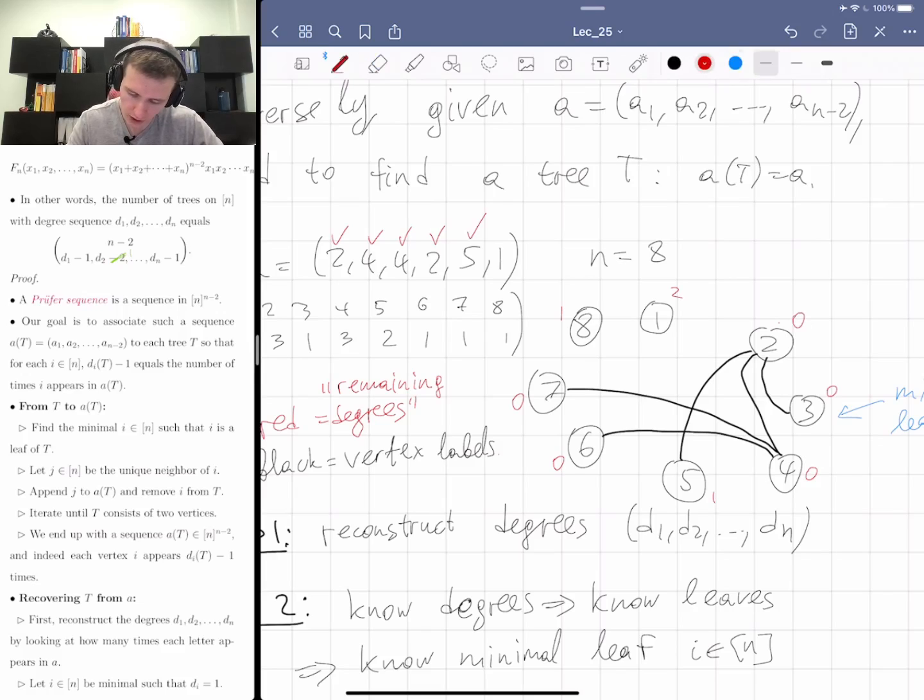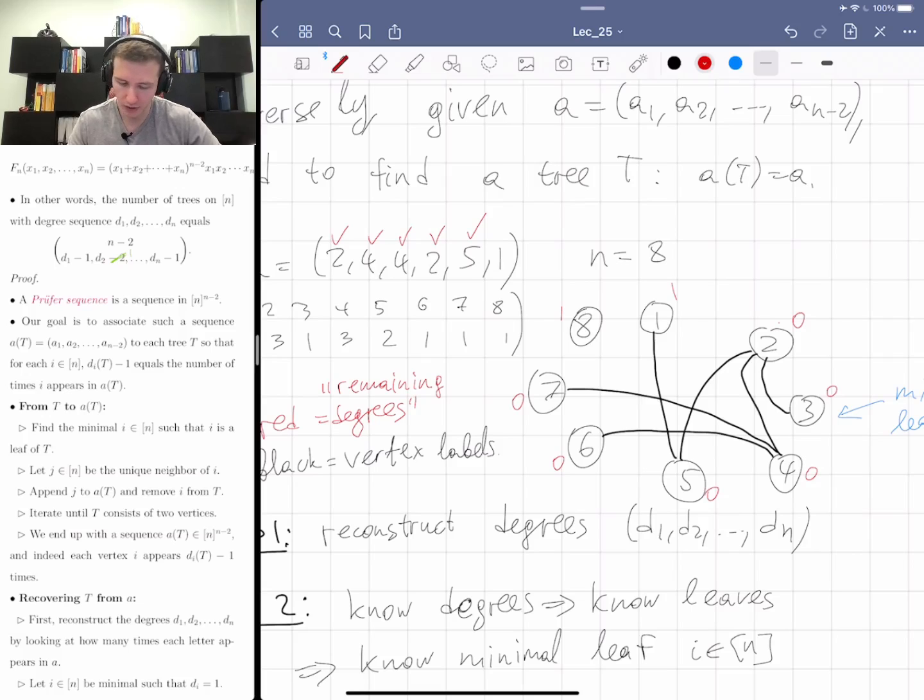And finally, 5 is connected to 1. Oh, no, sorry, the minimal leaf is 5, which is connected to 1. And then I decrease the red numbers.